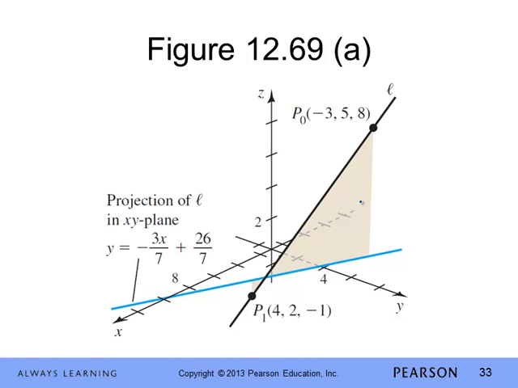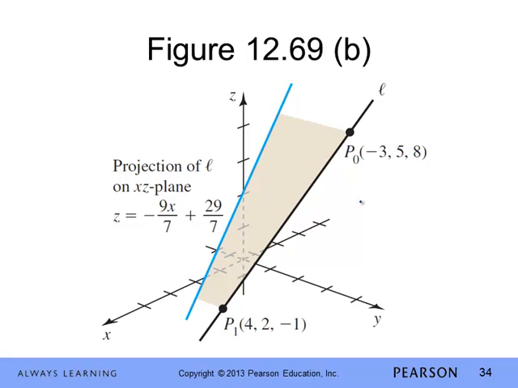Or if you wanted to find the projection of this line onto the xz plane, then you can set the y component equal to 0, and then you have the x and z components. Eliminate the t variable between them and solve for one variable in terms of the other. That's kind of what they're doing there. They're projecting the line onto the xz plane by eliminating the y component and solving for z in terms of x. Not of very much interest to me, so moving along here.